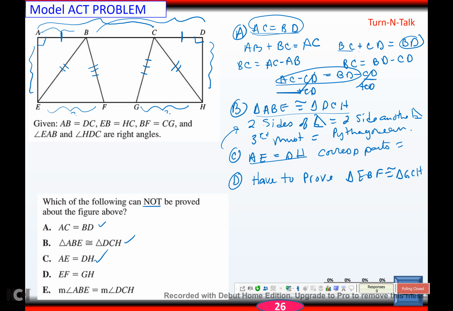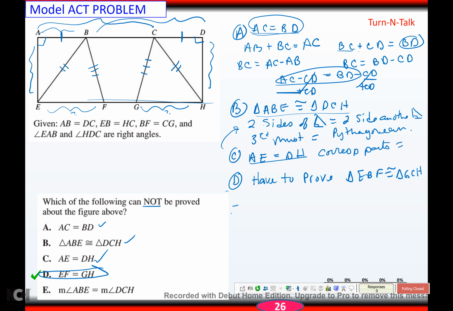And I don't have enough information to do that. All I know is that I have two sides equal, but I don't know about the third side or any of the angles. Unless I knew these were parallel lines or something like that, then I might be able to do alternate interior angles and prove something. But they didn't tell me that those lines are parallel, so I can't do anything with angles. I can't figure out missing sides. I don't have any numbers. So that's the one that I would not be able to prove.